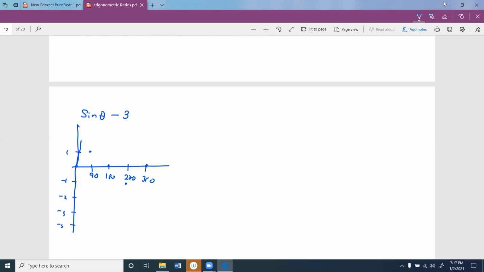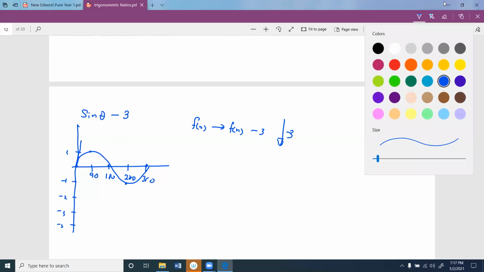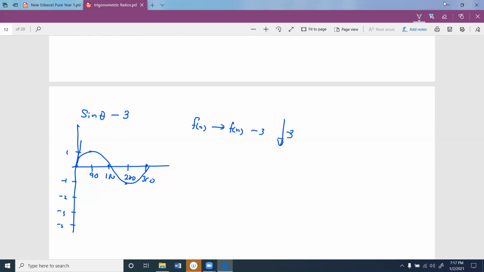So the graph goes like this. Over here, the transformation is just like f(x) turning into f(x) minus 3. That means the entire graph goes 3 units to the negative side, downwards. So this 0 travels by 3 units down to there. So it's come up over here. 0 turns up 3 units down. 1 goes 3 units down, it's -2.